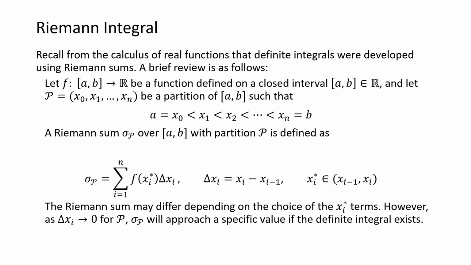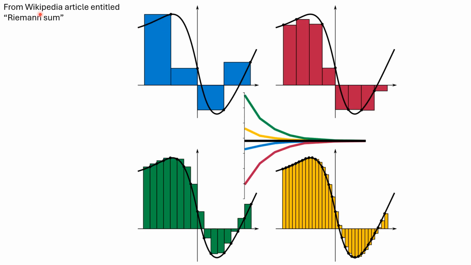On this slide, which I've taken from the Wikipedia article entitled Riemann sum, we have this black curved line. It's the same curve, and what they're showing is that you approximate the area between the curve and the x-axis. If you go below, you take the area above, with more and more rectangles. Here you start with fairly big rectangles, and the approximation isn't so good.